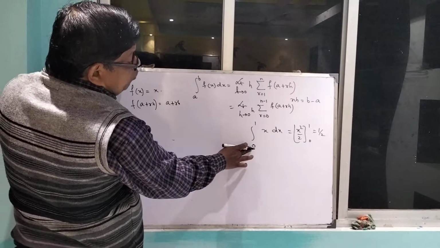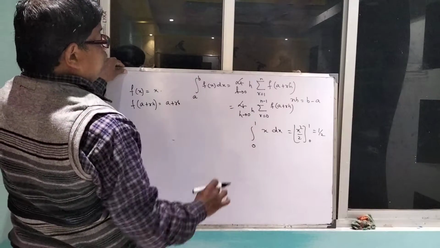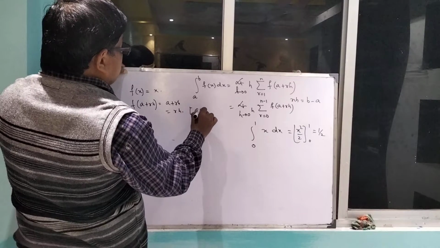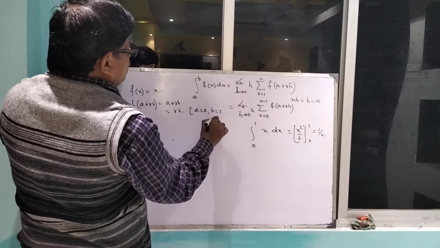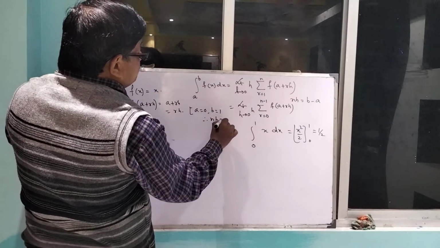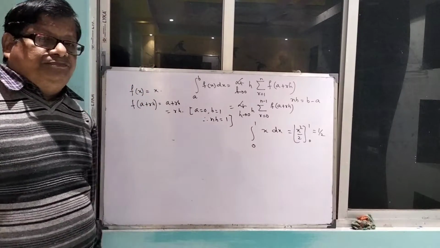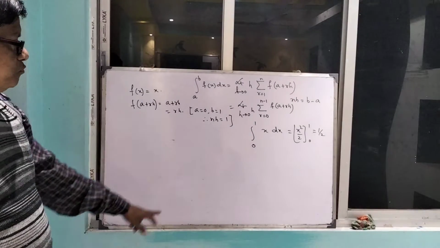Here a will be 0, b will be 1, so it will be rh. Here a equals 0 and b equals 1, so we can write nh equals b minus a, which is 1. nh, the difference, is 1.